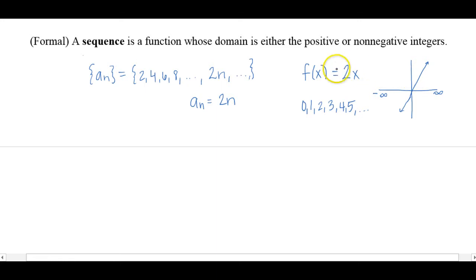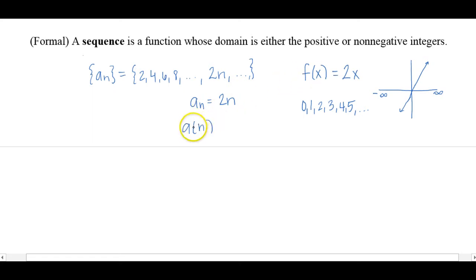I can substitute 1/2 into f of x equals 2x and get out the value of 1. So that's the real difference here: we can only substitute in values that are positive or non-negative integers. So a sub n can really be thought of as a of n, just like f of x, if we really wanted to.